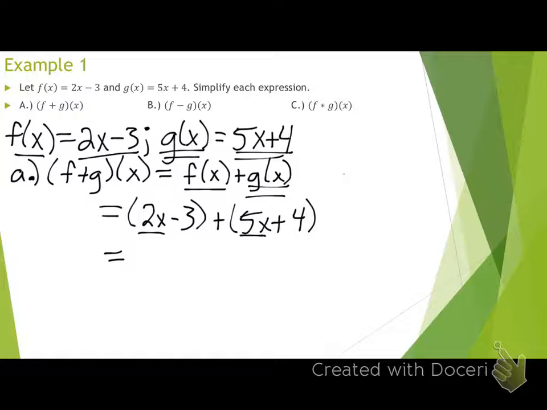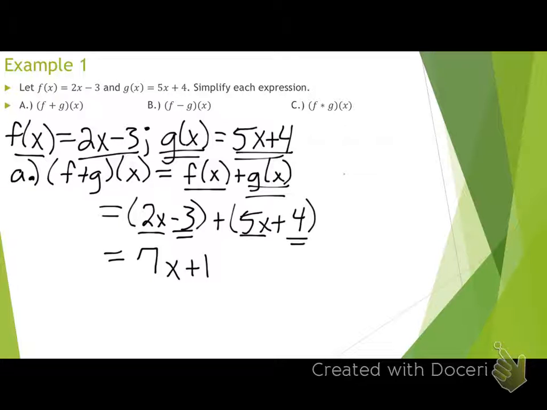Very good. What is 2x plus 5x? 7x. Can someone list off another set of like terms for me? Negative 3 and 4. What's negative 3 plus 4? 1. So I get 7x plus 1.